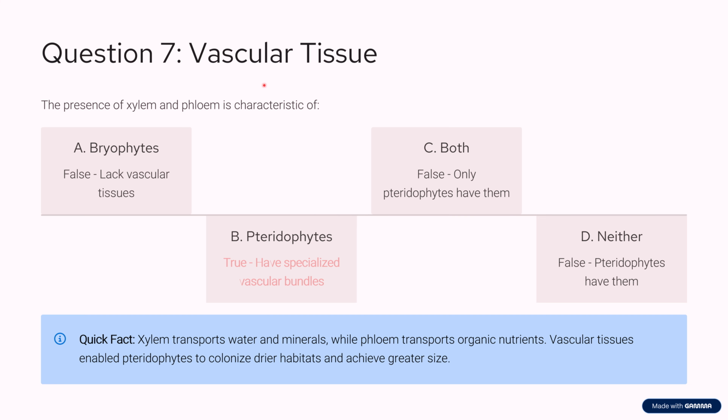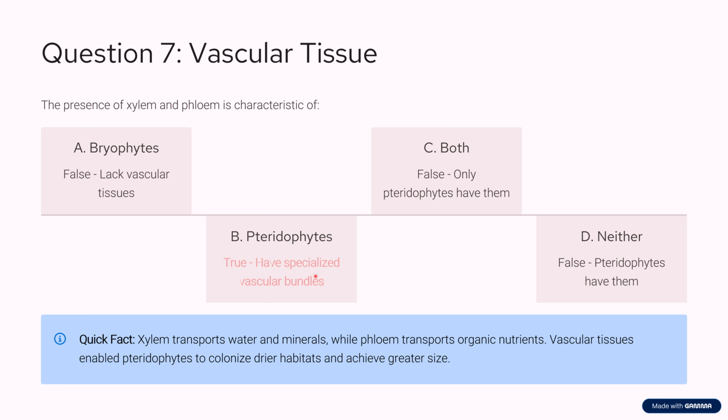Question 7. Vascular tissue. The presence of xylem and phloem is characteristic of A. Bryophytes, like vascular tissue. B. Pteridophytes have specialized vascular bundles. C. Both, only pteridophytes have them. D. Neither, pteridophytes have them.